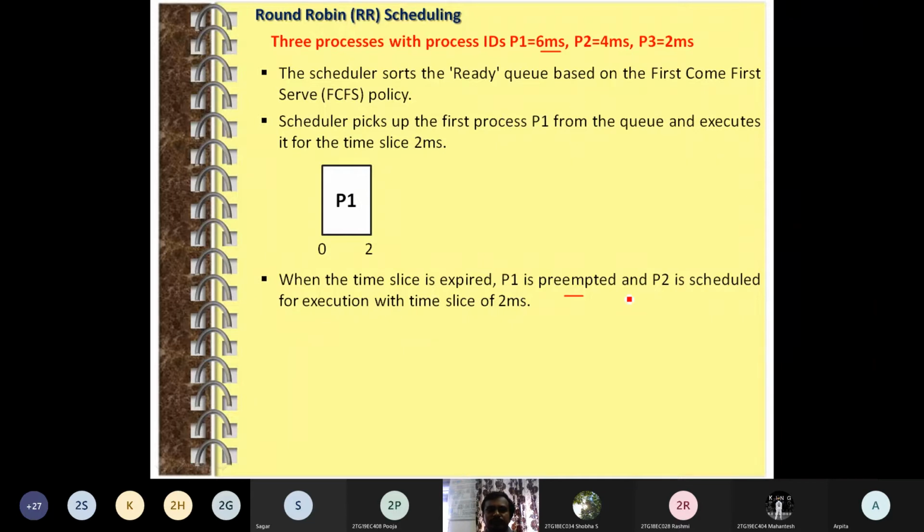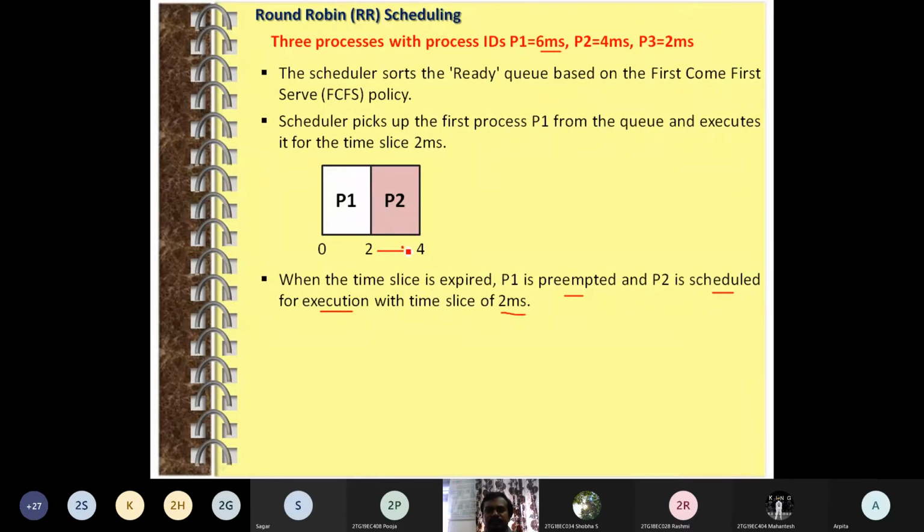P1 is going to stop, then P2 is scheduled for execution, once again for an equal time slice of 2 milliseconds. You can observe here, after P1, P2 is received. The execution switches from P1 to P2 and runs only for the given time slice.